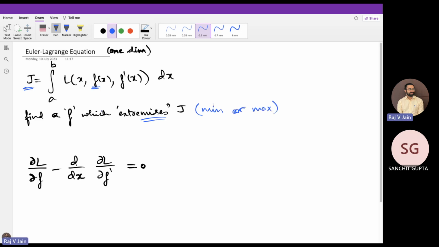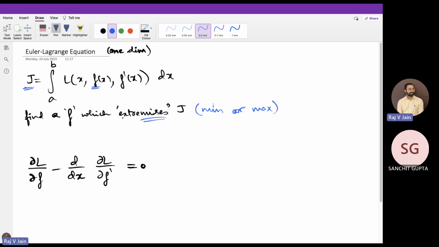Because J depends on the function f through this L and the integral, such problems are solved using these Euler-Lagrange equations.